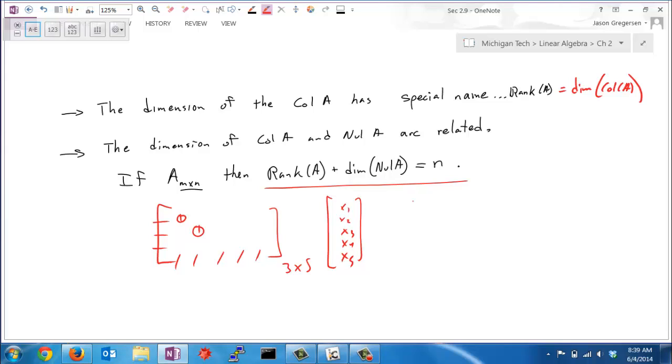So in that sense, the number of fixed variables is really equal to the dimension of the column space.